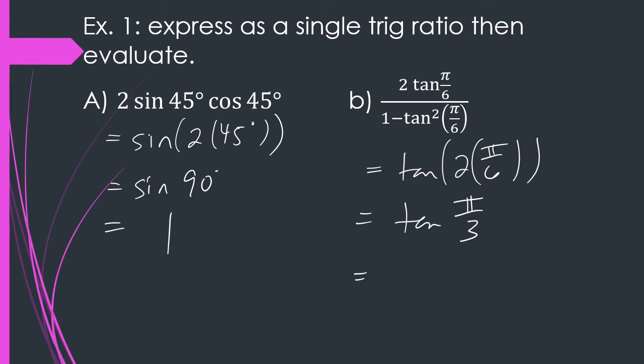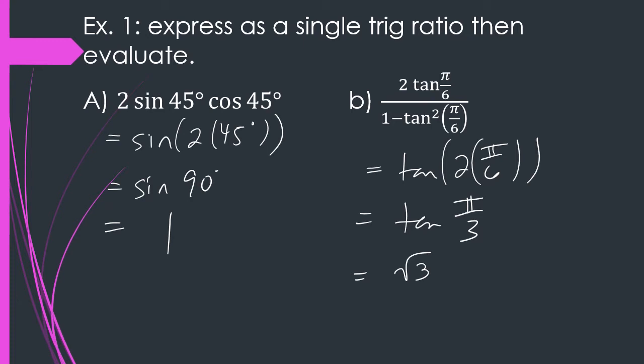Now for your test and your work, I want to see the special triangle drawn so I know where you got it from. I'm just going to cut to the chase, assuming you're all looking at your special triangles. Tan pi over 3, right? That goes with your pi over 3, pi over 6, 90 triangle, 1, 2, root 3. That equals root 3. You can write root 3 over 1, but it's just root 3.